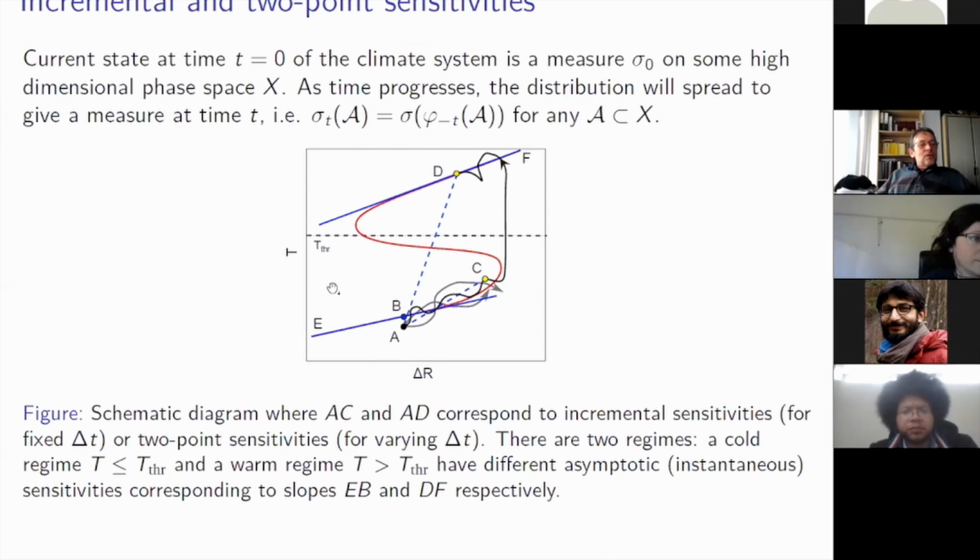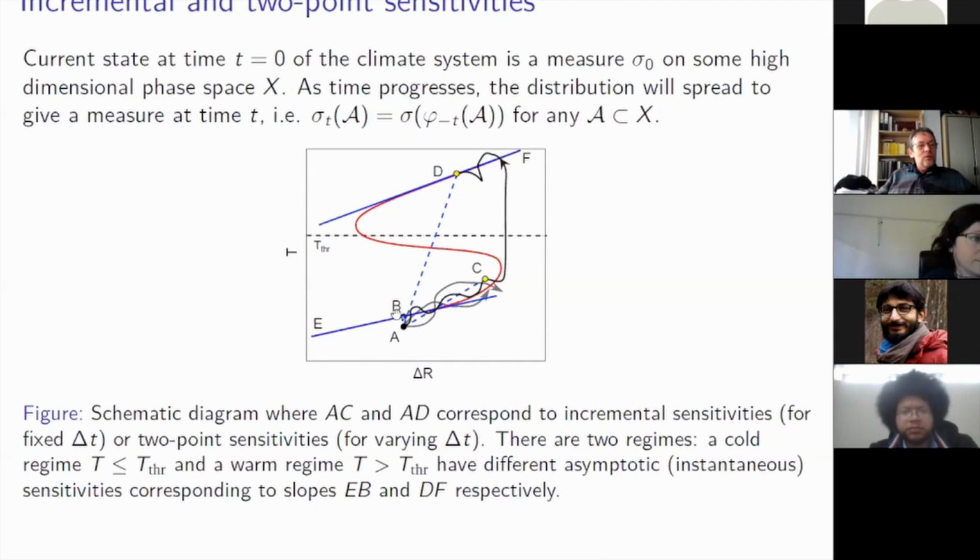So if we now consider what this looks like, here's delta R against T schematically, and if we had an energy balance model, then there could be a branch of stable solutions such that for each value of delta R, we have one or more stable values of the global mean surface temperature, with possibly unstable ones in between.